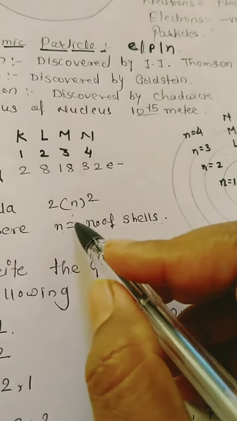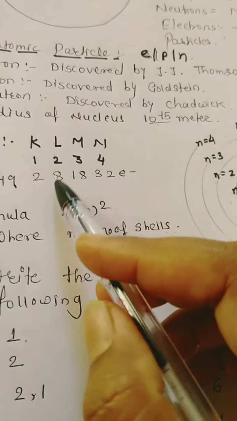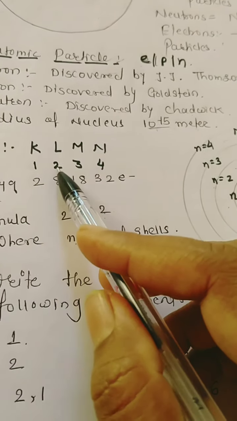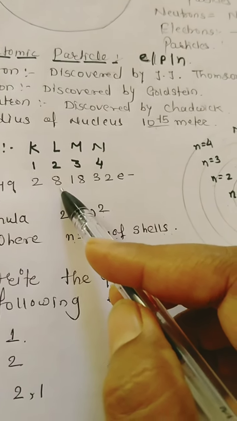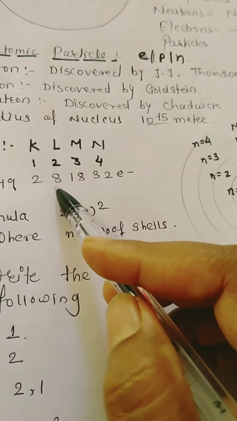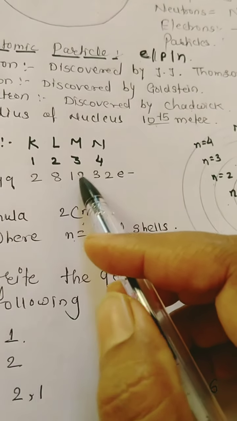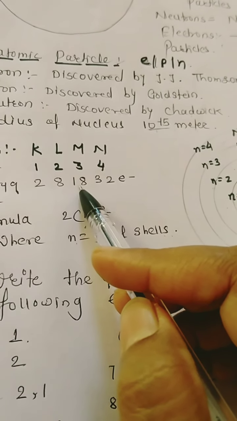If we put n equal to 1, then we will get 2, means K shell has capacity 2. If n is equal to 2, then we get 8, means maximum number of electrons in the L shell, that is the second shell, is 8. If n is equal to 3, then maximum number of electrons in the third shell is 18.